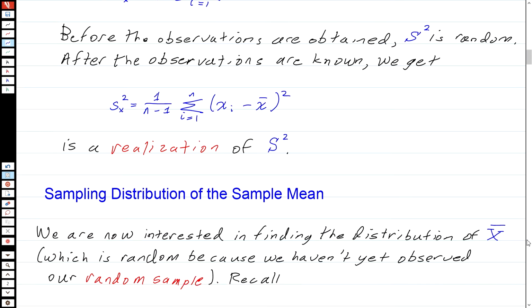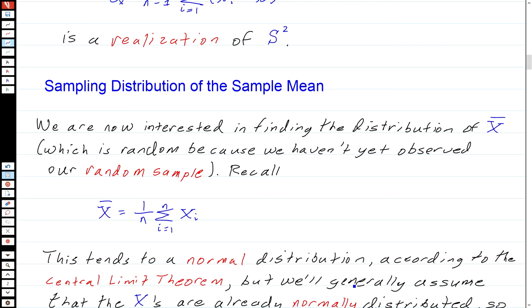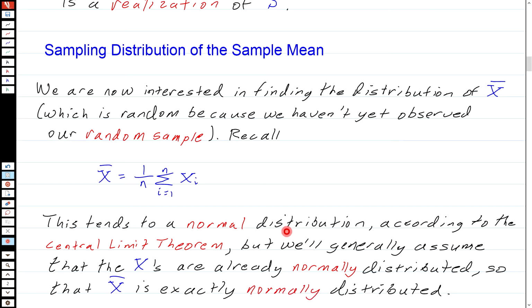Okay, so let's look more carefully at the sample mean. Again, this is defined as x bar equals 1 over n times the sum of the xi's. And this tends to a normal distribution by virtue of the central limit theorem. But we'll generally assume that the x's are already normally distributed, so that x bar is exactly normally distributed.